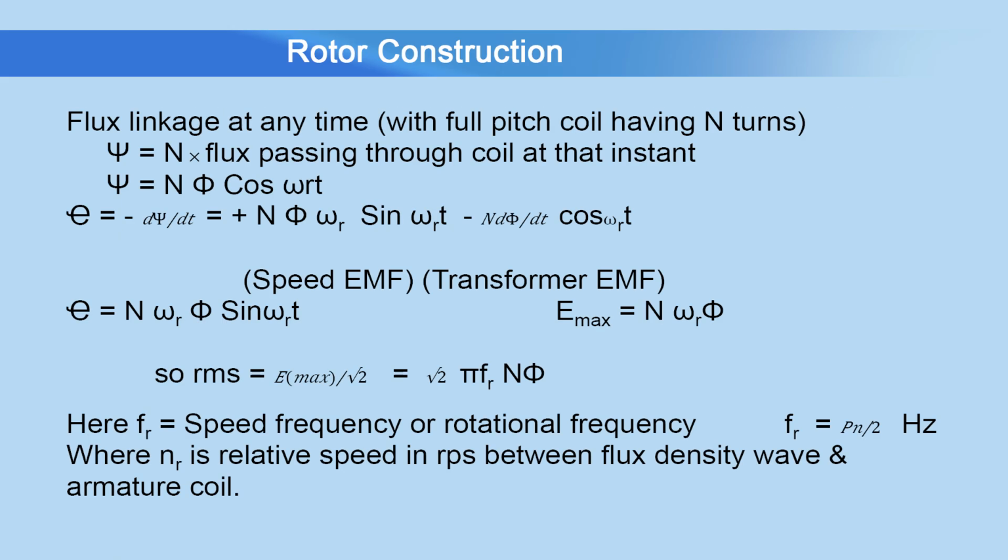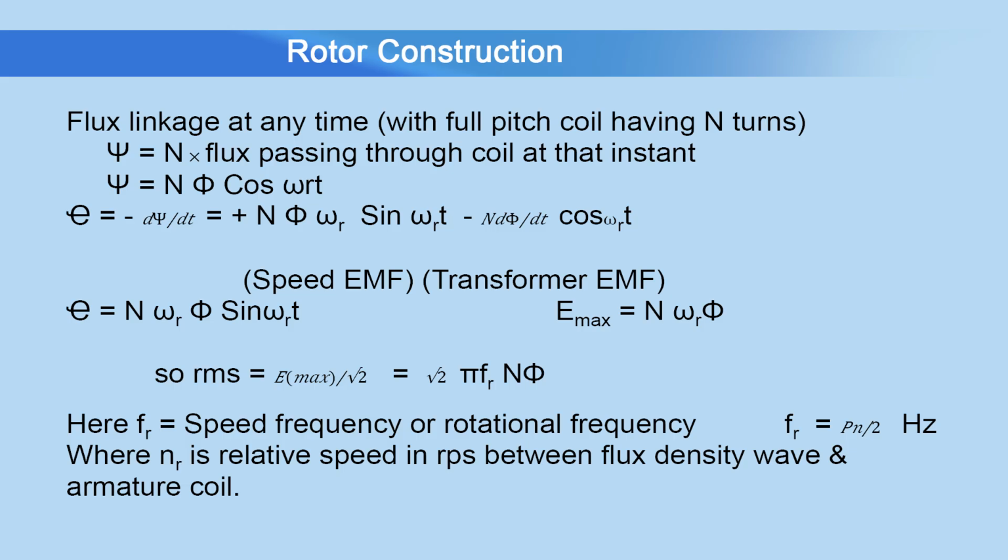So, flux linkage at any time, for the full pitch winding having n number of turns, psi is equal to n multiplied by flux passing through that coil at that instant. So, psi is equal to n phi cosine of omega r t, and according to Faraday's law of electromagnetic induction, e is equal to minus d psi by dt.